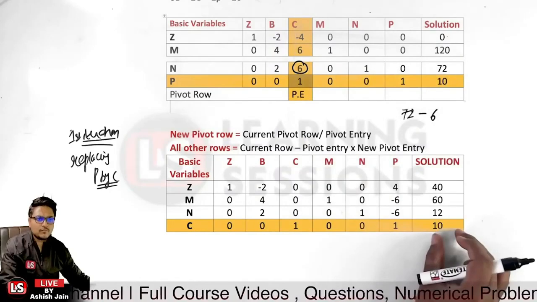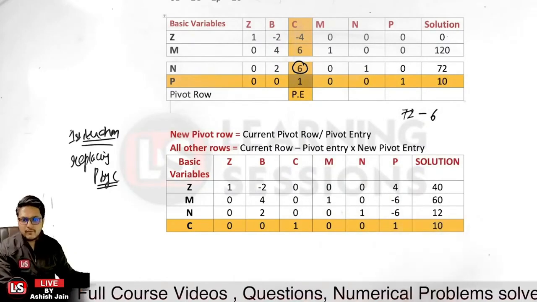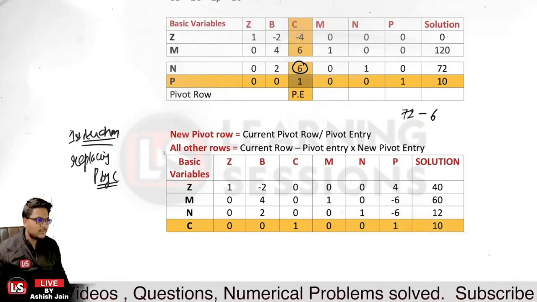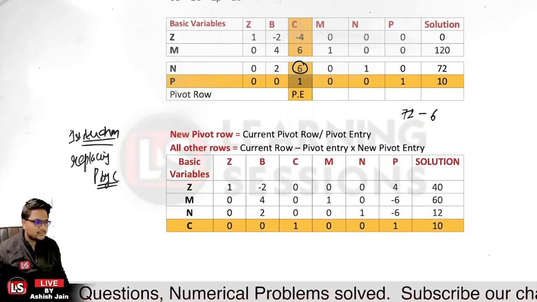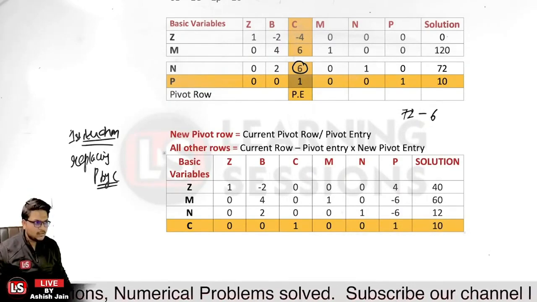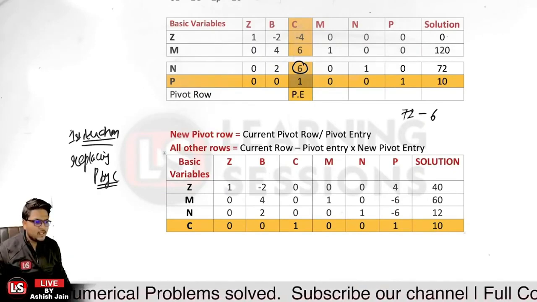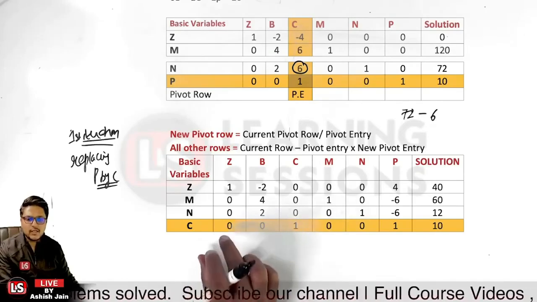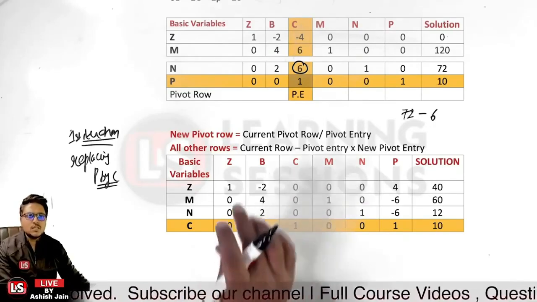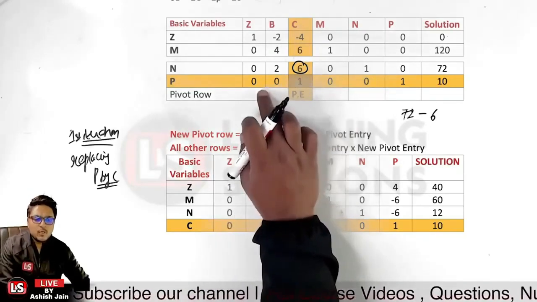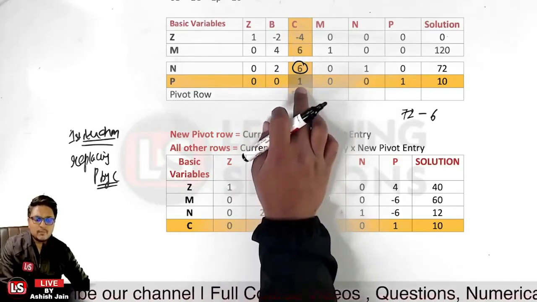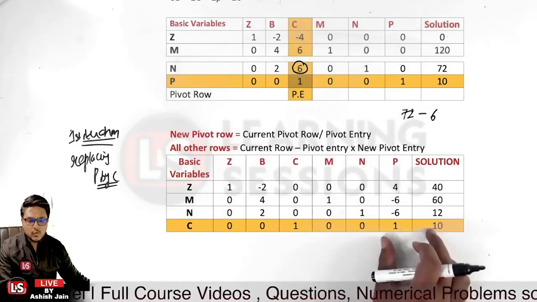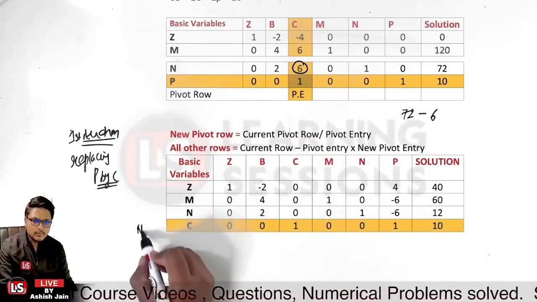First of all, we will be writing the new pivot row. How did we calculate the new pivot row? It was the pivot row divided by the pivot entry. So we wrote the pivot row over here. That is the new pivot row.